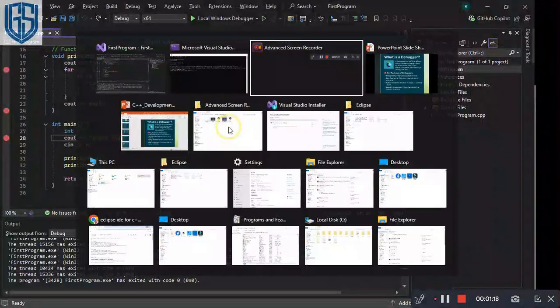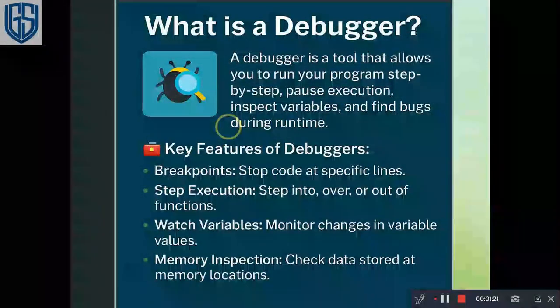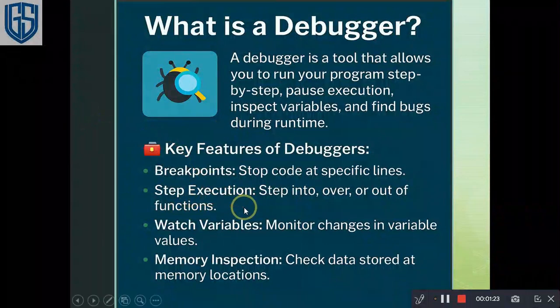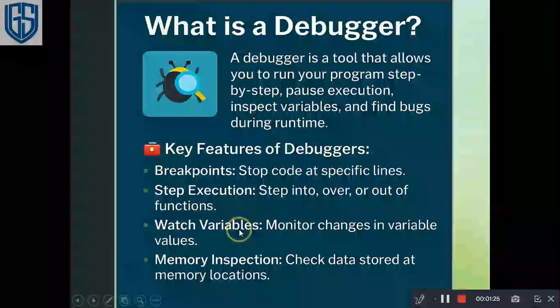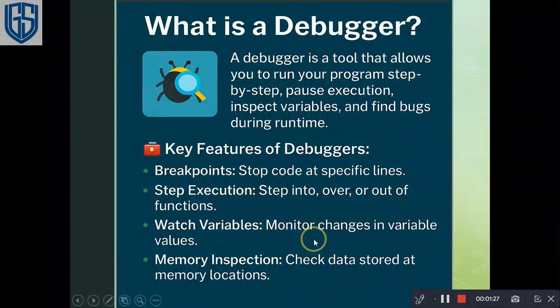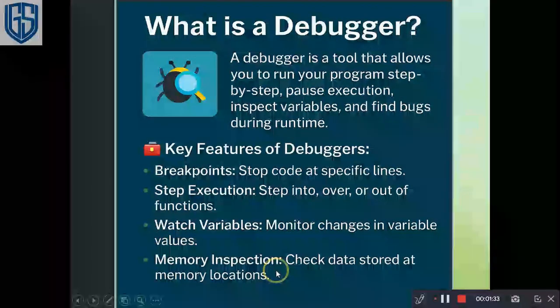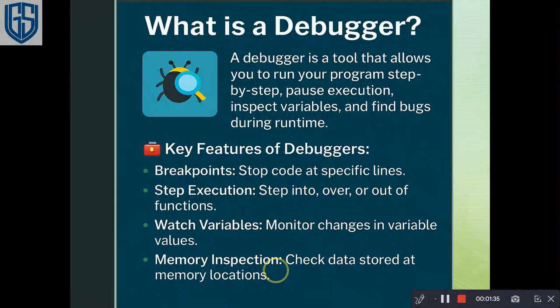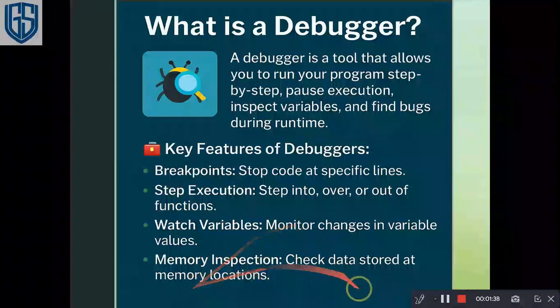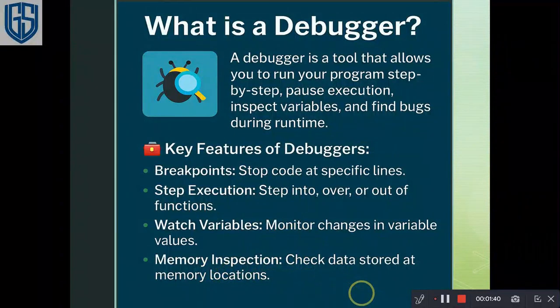And the next thing is, we have seen breakpoints, step execution, watch variables, monitoring changes in variable values, how it has modified the variables, and you can also check data stored at different locations. So we have seen what data it has stored in those variables.